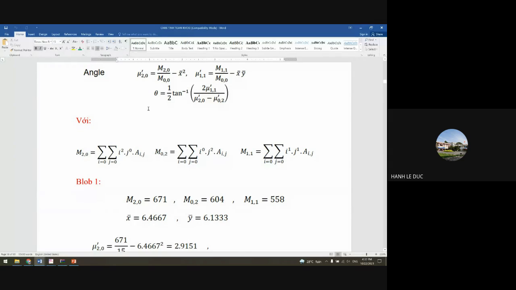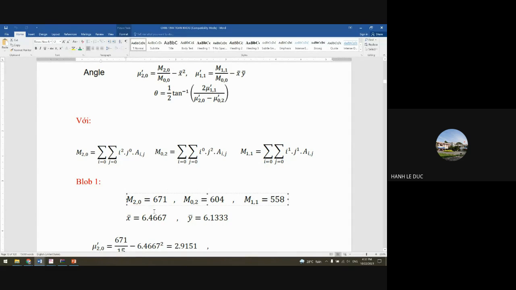The formula is we calculate M20, similar to the calculation of M10. Just replace I with I squared and calculate similarly. After this step, you have this number.